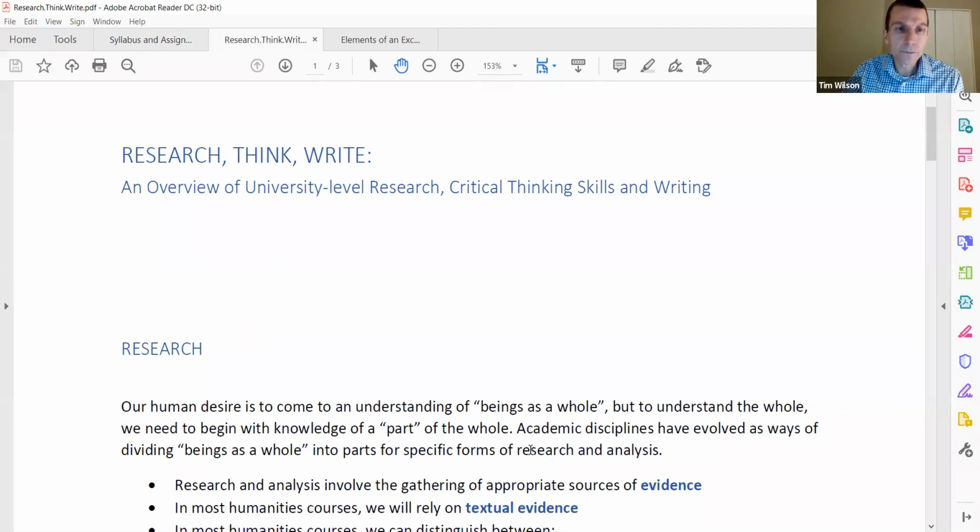So basically, this is just a summary, I would say, of the three basic sets of skills you're going to need to take away from undergrad generally, and that employers are looking for increasingly.